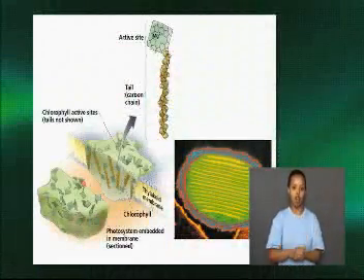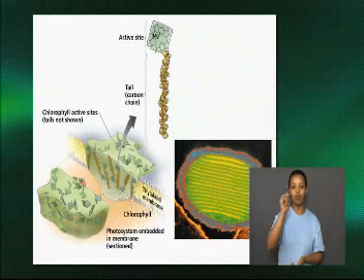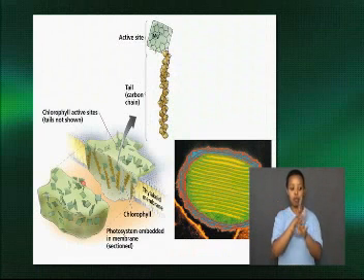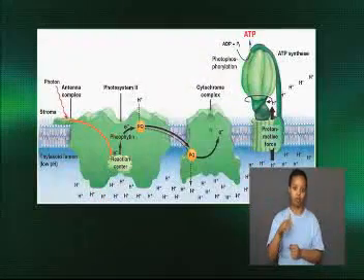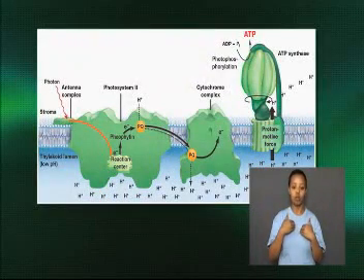Great work, everyone. We will now discuss how the chloroplast is suited to function in light-dependent reactions. Chlorophyll and other photosensitive pigment molecules are arranged in particular photosystems that are linked to electron transport chains.